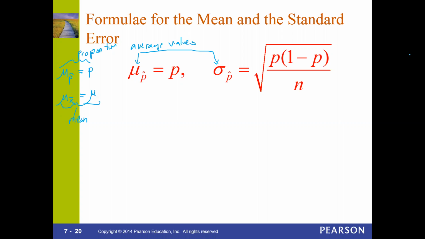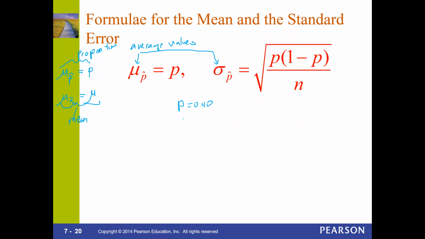Earlier today I gave an example. Let me look at the example we did before. Earlier we had P equal to 0.40. And after that, what is the population again?